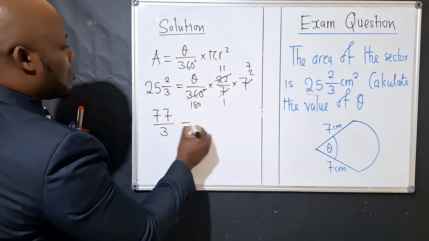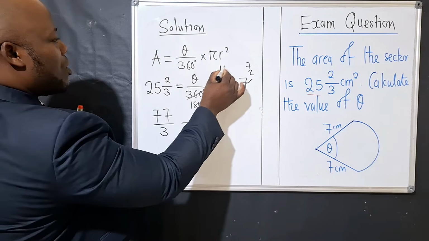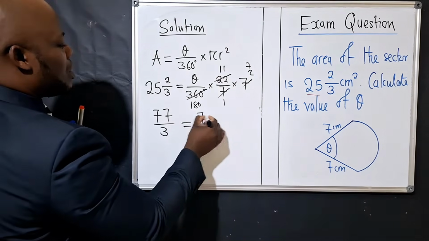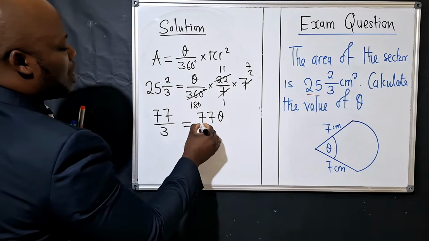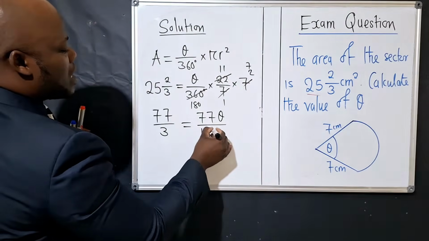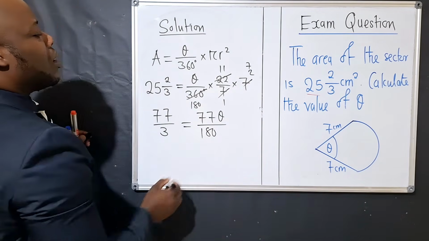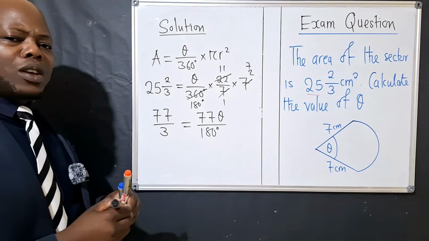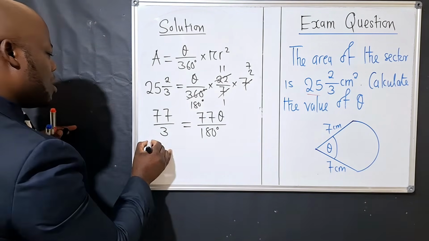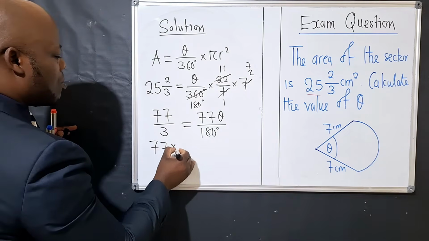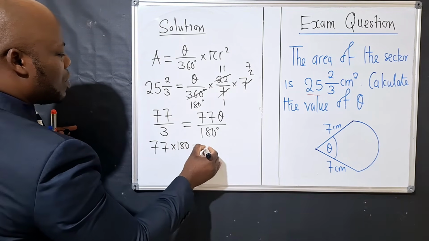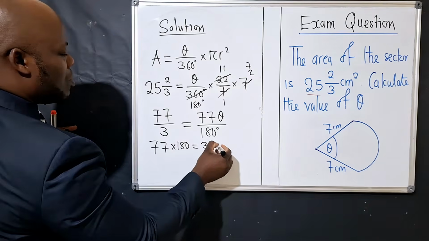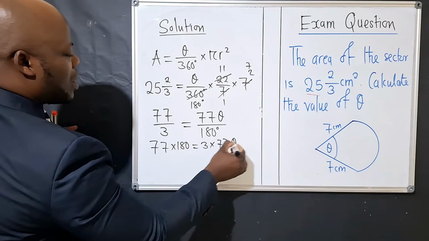And this side, we shall have theta times 11 times 7. It will give us 77 theta over 180 here, because 180 times 1 will still be 180 degrees. We now cross multiply. It will be 77 times 180, which is equal to 3 times 77 theta.